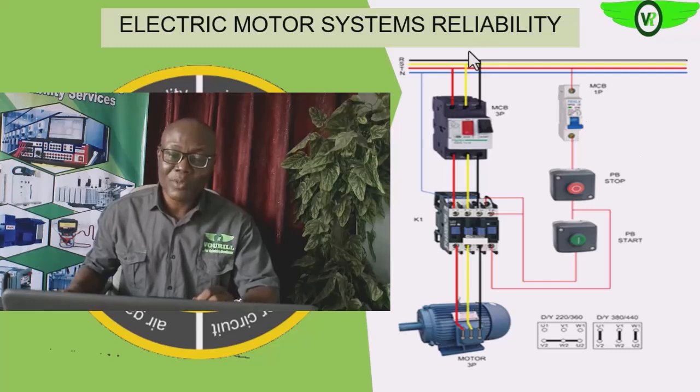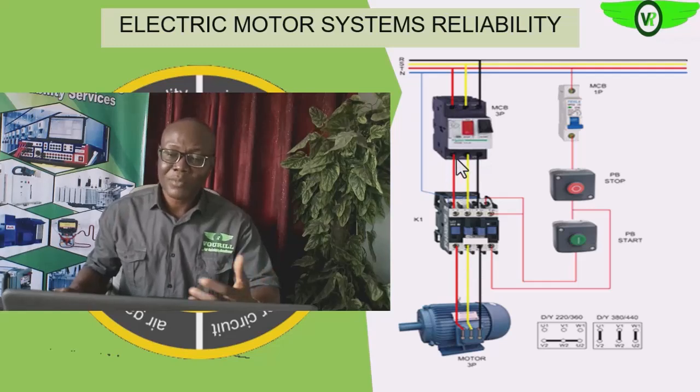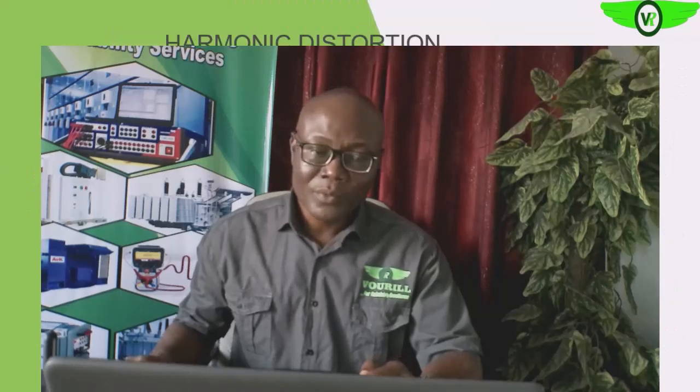If it is not coming from the power supply, it can come from these lines, as we will see later, okay, because of resistance build-up. Are we getting it? So it is very important for us to maintain balanced voltage to our electric motor.